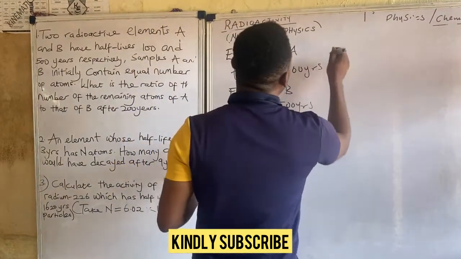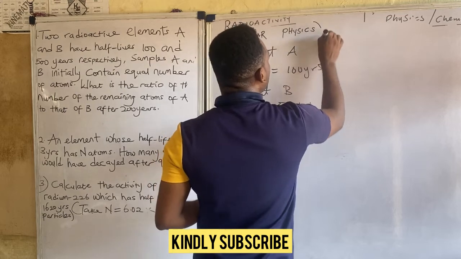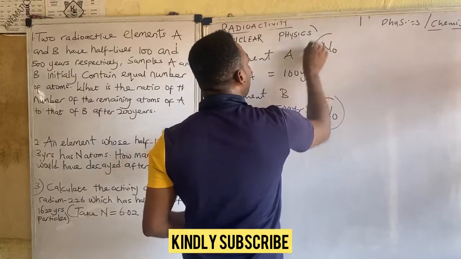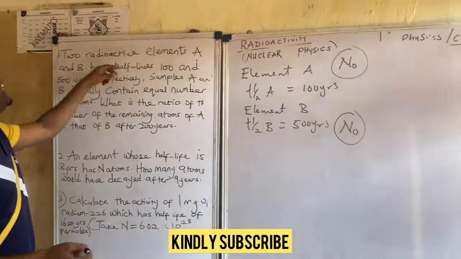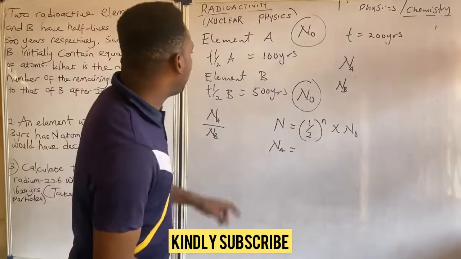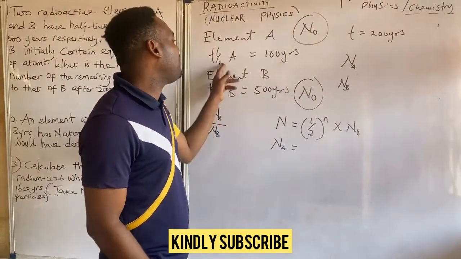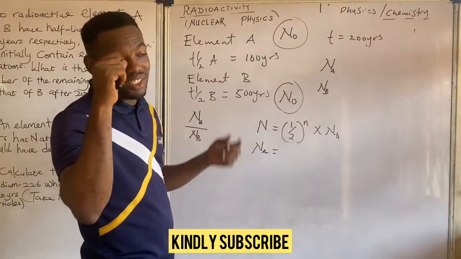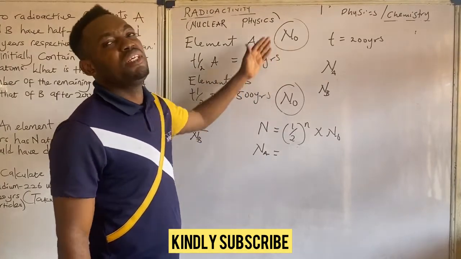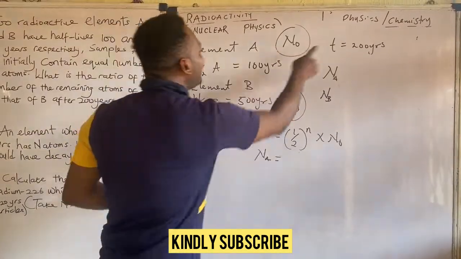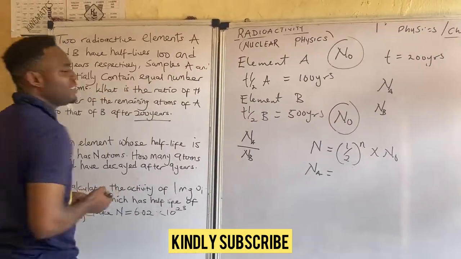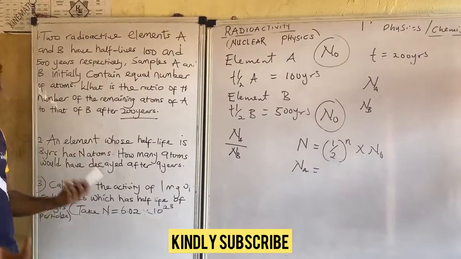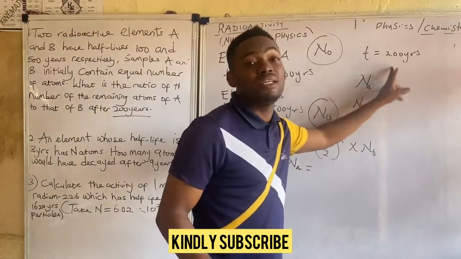So I will call the original value for A N naught, and for B also N naught. The t here is the time, 200 years. I said any other time in the equation aside from the half-life is small letter t, so I write small letter t as 200 years.